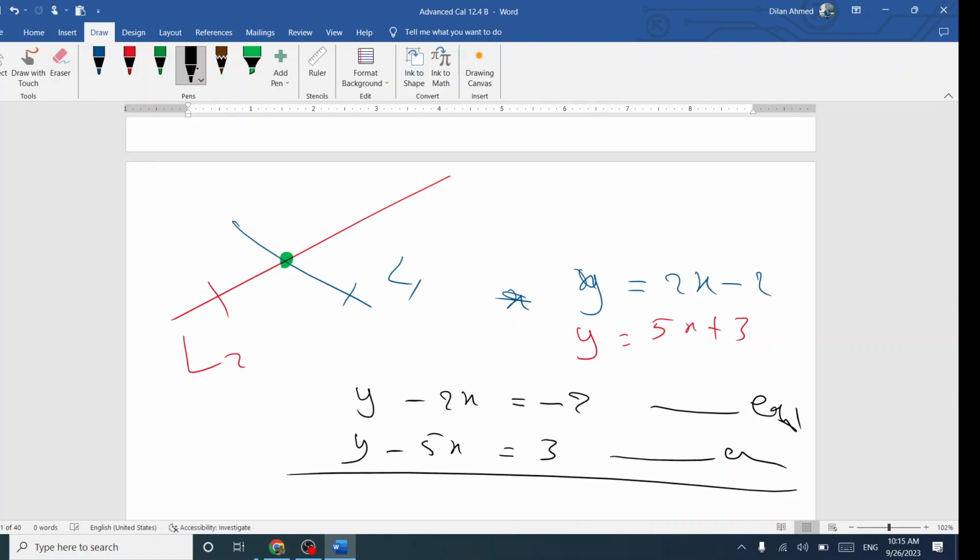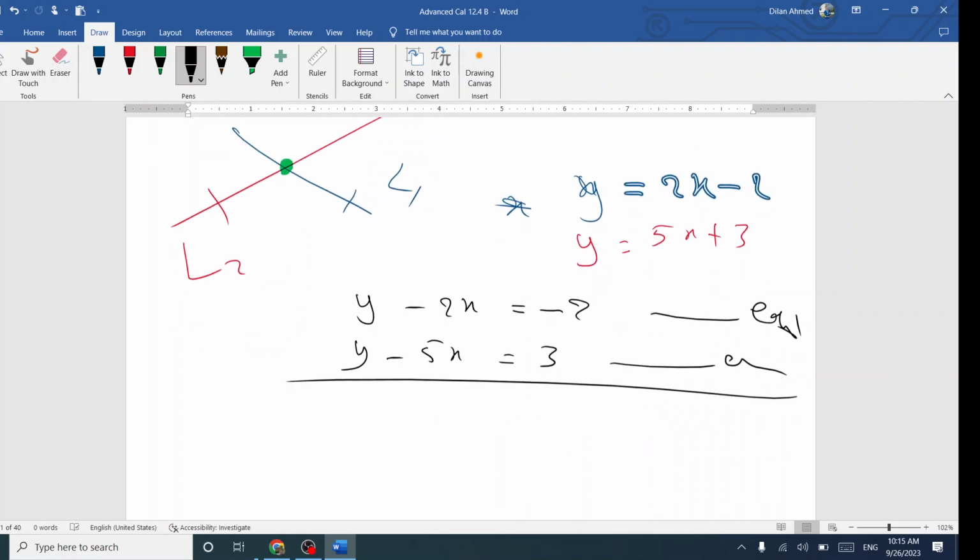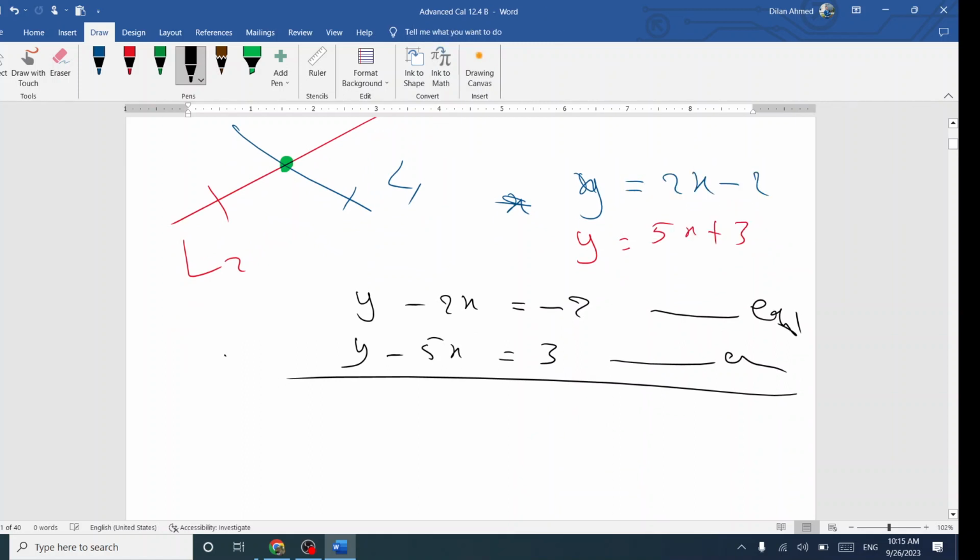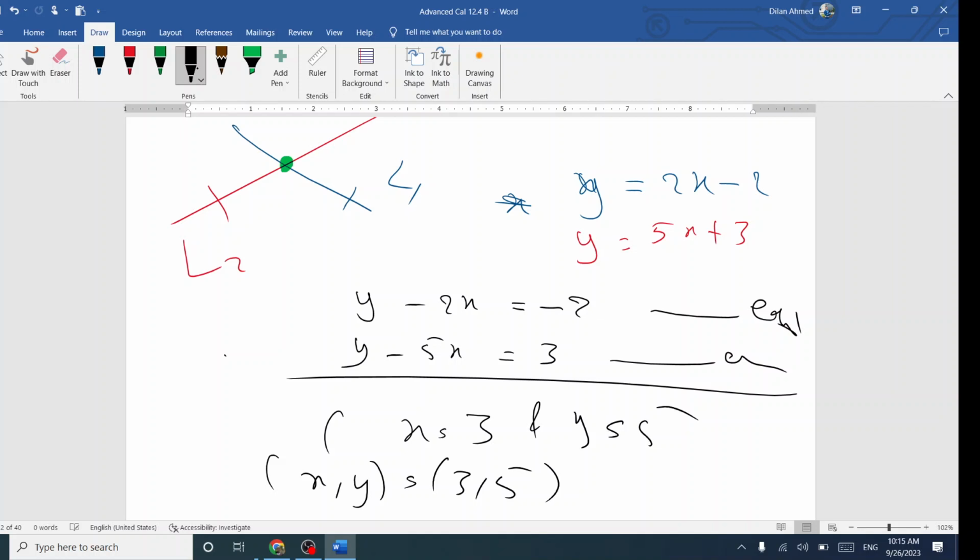Then we solve it together. For example, we got x equal to 3 and y equal to 5, which means this point.